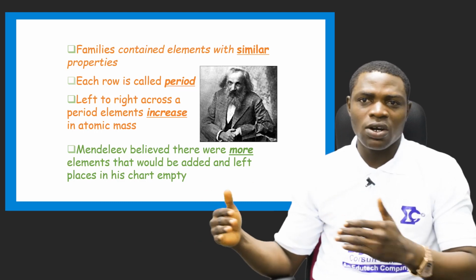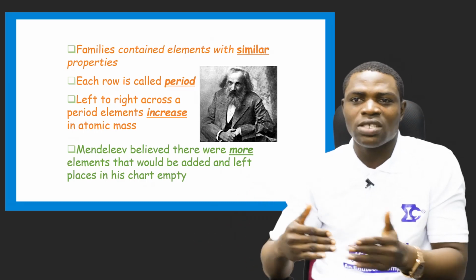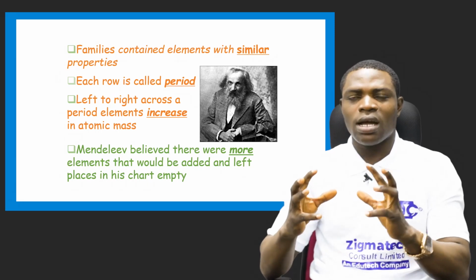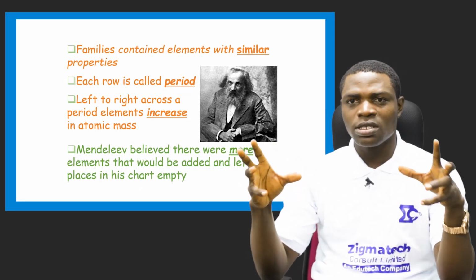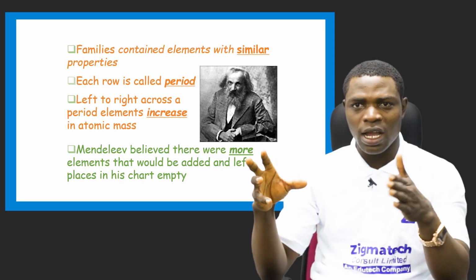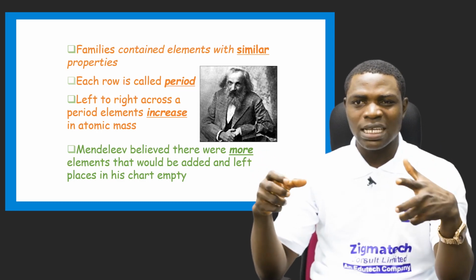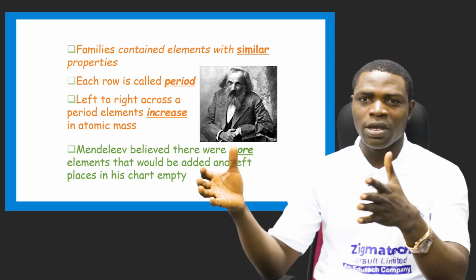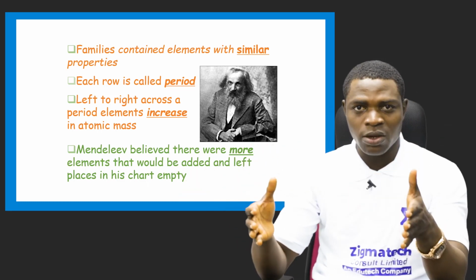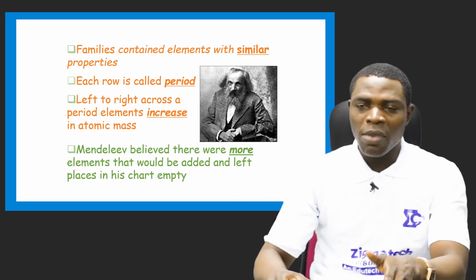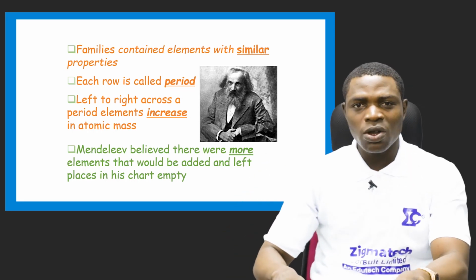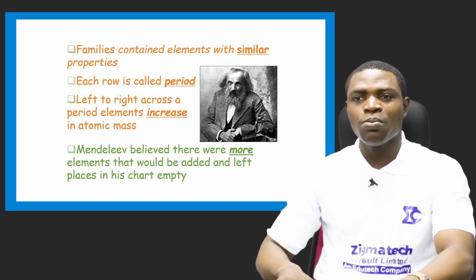So left to right across the period, elements increase in atomic number. When we look at the graphical representation of the periodic table, as you move from left to right, you will see an increase in the atomic masses of these elements: hydrogen, helium, lithium, beryllium, boron, carbon, nitrogen, oxygen, fluorine, neon, sodium, magnesium, aluminum, silicon, phosphorus, sulfur, chlorine, argon, potassium, calcium.